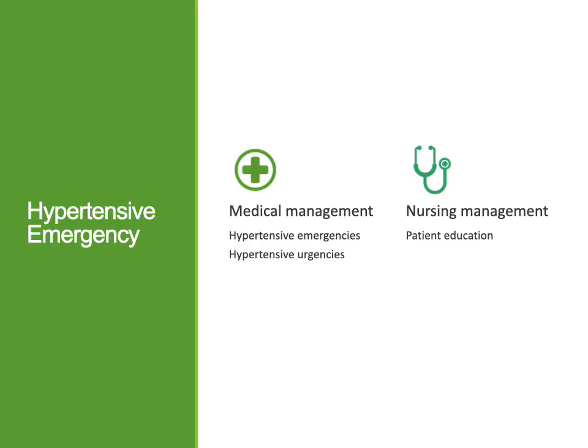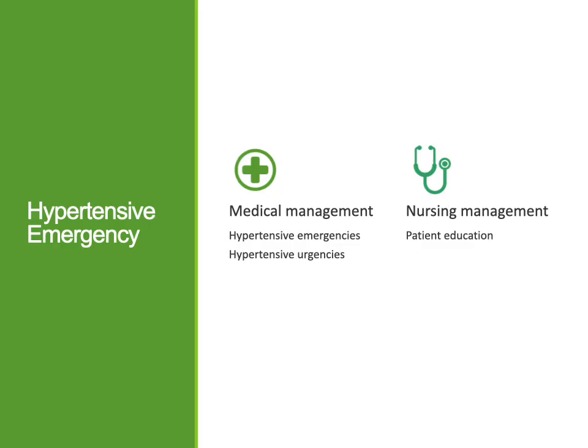It's really going to depend on the cause itself, but we want to drop them more slowly, 20-25% over a period of minutes to several hours when we have a hypertensive emergency. That's how quickly we want to drop the blood pressure, about 20-25%.